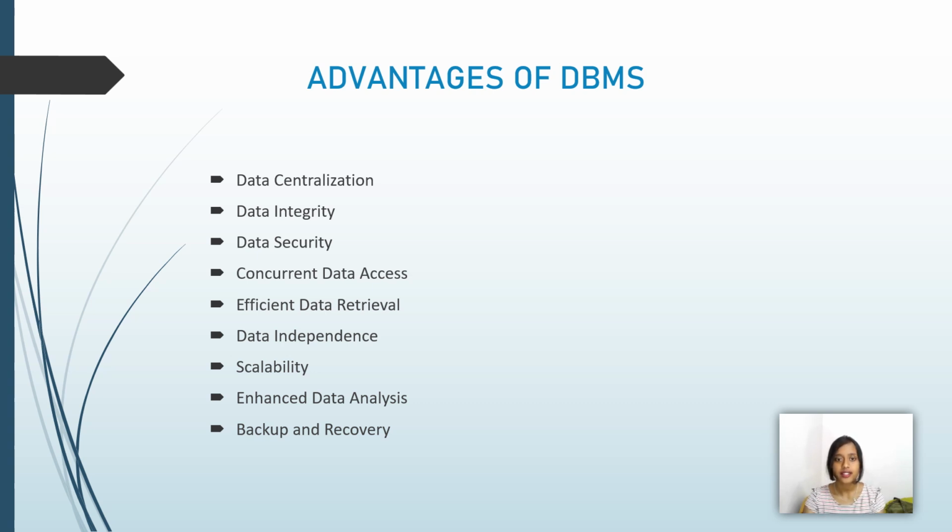And then is concurrent data access, that is, it manages multiple users accessing the database simultaneously, preventing conflicts, and it ensures that there is consistency of data. And then is efficient data retrieval. This provides powerful query capabilities, that is, it allows the users to retrieve the specific information from the database.